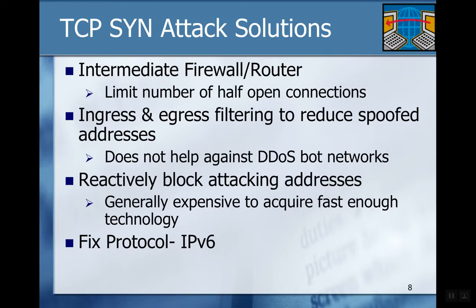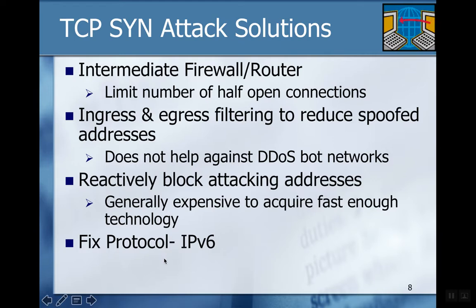You can, after the fact, block the attacking address. You can identify the address where the attack is coming from and block that. The problem is it's always done after the fact, and an attacker will simply move to another IP address.